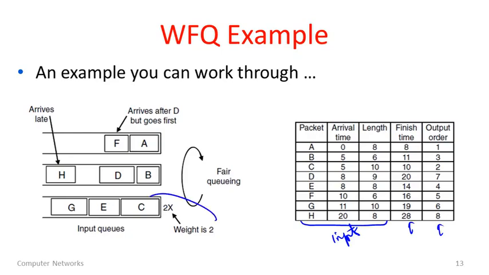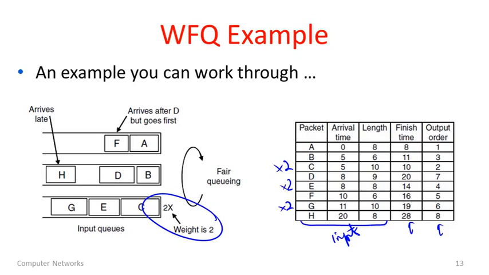Note, if you do that, this queue on which packets C, E and G arrive has twice the weight. So C, E and G, I just put a 2 there to note that they have a 2x bandwidth multiplier.